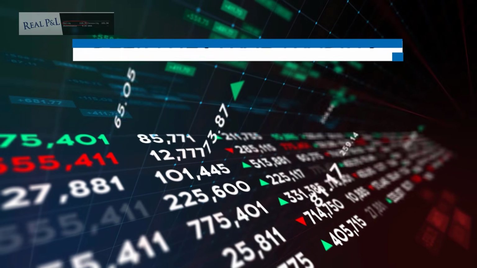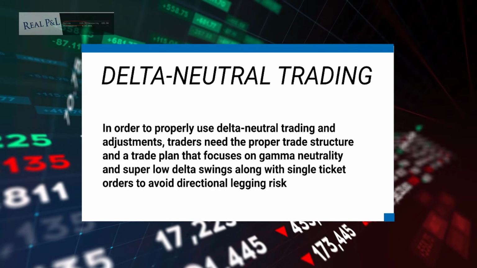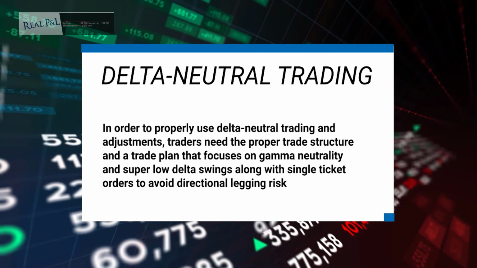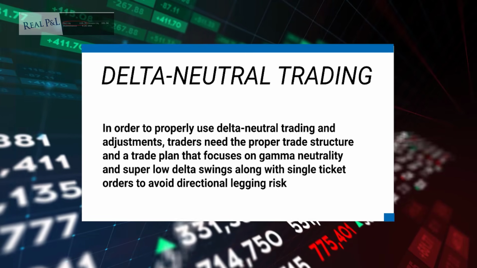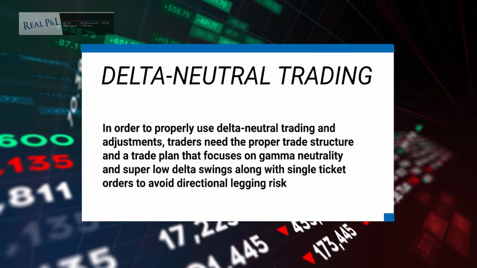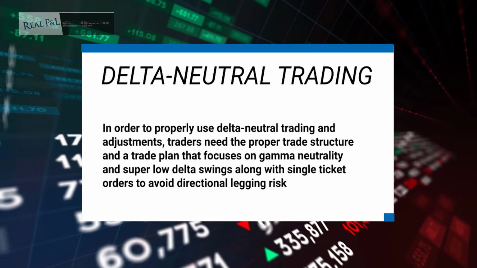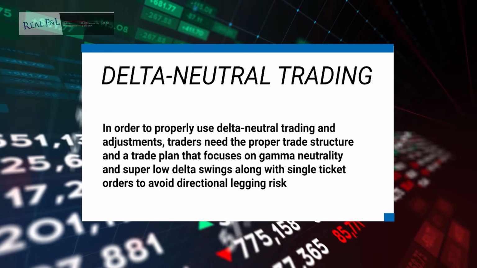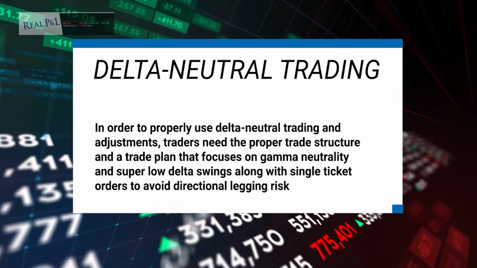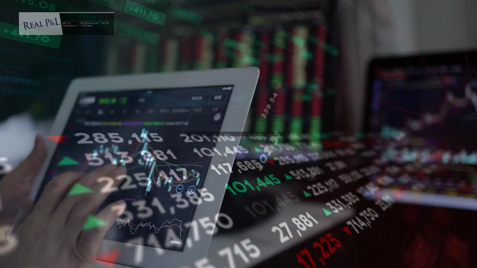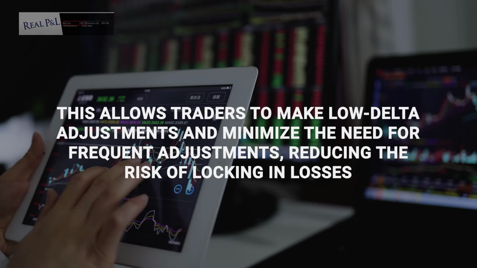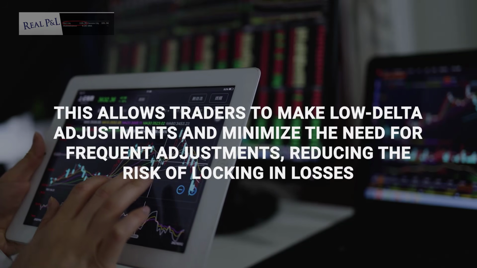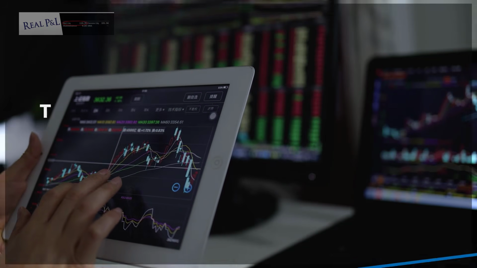In order to properly use delta neutral trading and adjustments, traders need the proper trade structure and trade plan that focuses on gamma neutrality and super low delta swings, along with single ticket orders to avoid directional legging in and out risk. This allows traders to make low delta adjustments and minimize the need for frequent adjustments, and that reduces the risk of locking in losses.